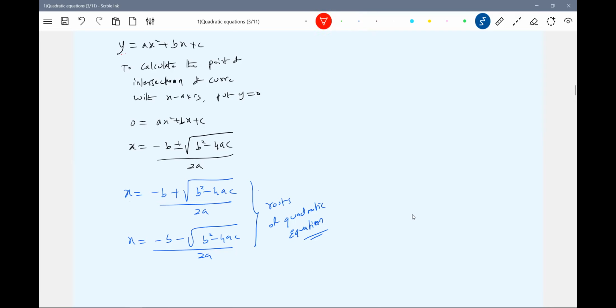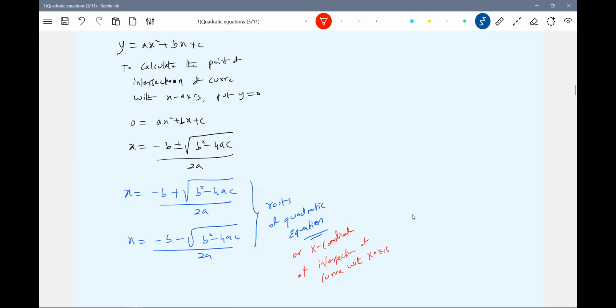So what are roots of quadratic equation? Or, sir, what do you mean by roots? The x coordinate of intersection of curve with x-axis, or the points where y is 0.